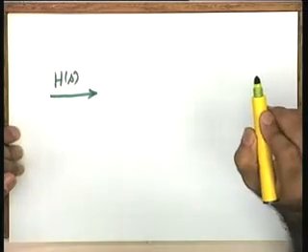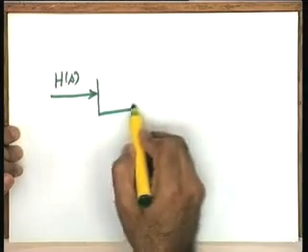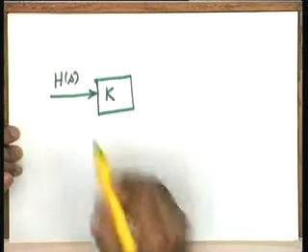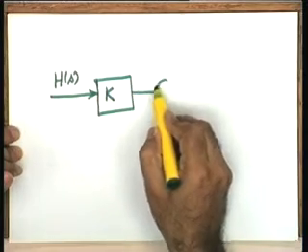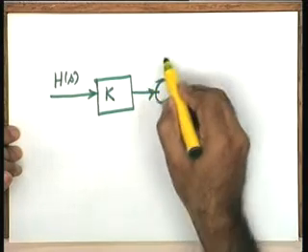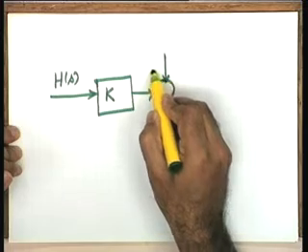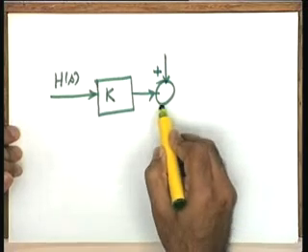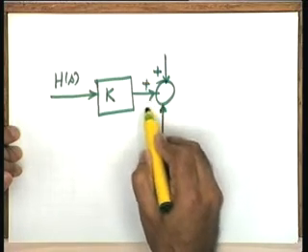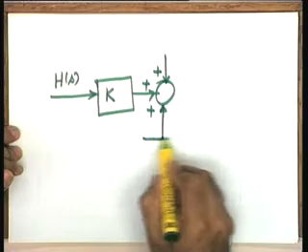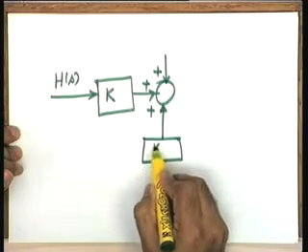H s is the input, let me put the system gain k here, a summing point here, and let me take a summing point here as well. Let me take here as k d2.